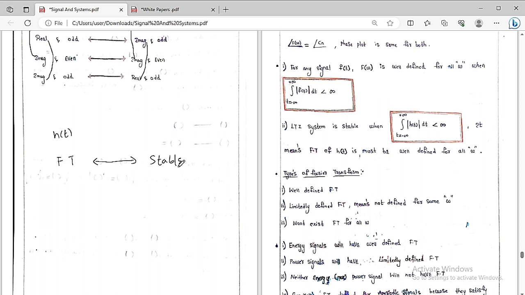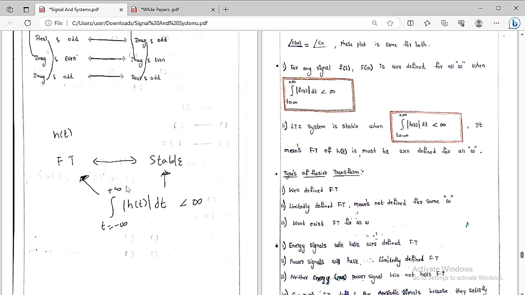Stable means the impulse response should be absolutely integrable. So finally, if the impulse response is absolutely integrable, then we can say the given system is stable, as well as the Fourier transform of h(t) is going to exist. So this is what we can say.